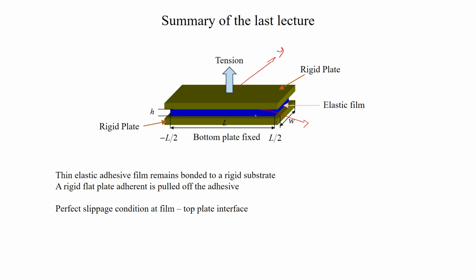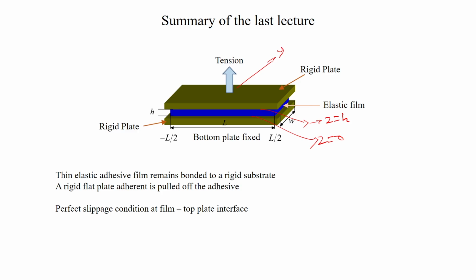The film remains strongly bonded in both cases at the bottom surface. This is at z equal to 0 and this is at z equal to h. So, this is what we have discussed, both perfect slippage and no slip contact.